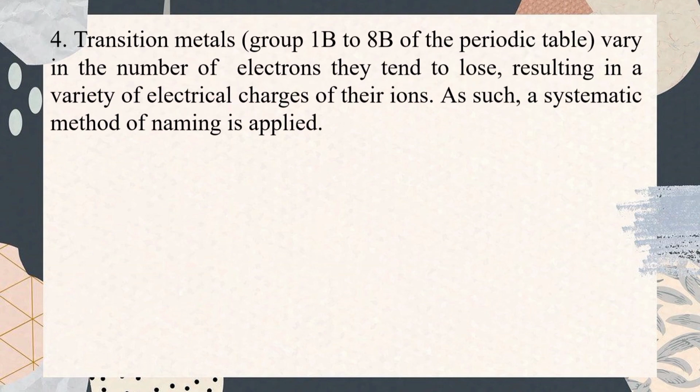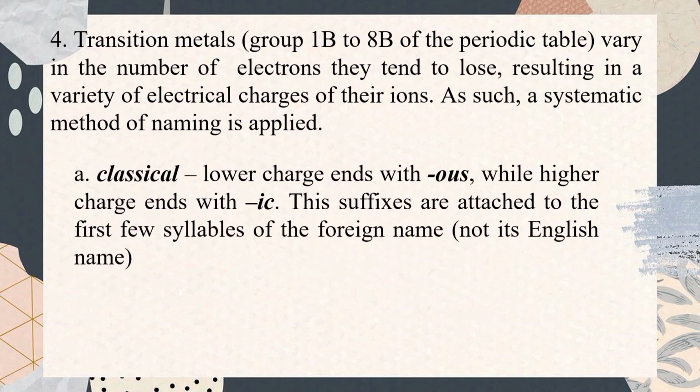Transition metals, or metals under B groups or belonging to the B block in the periodic table, vary in the number of electrons they tend to lose, resulting in a variety of electrical charges of their ions. As such, a systematic method of naming is applied, and one of which is the classical method of naming.